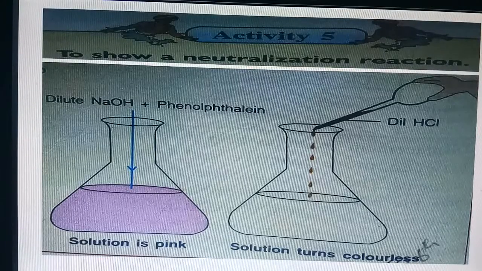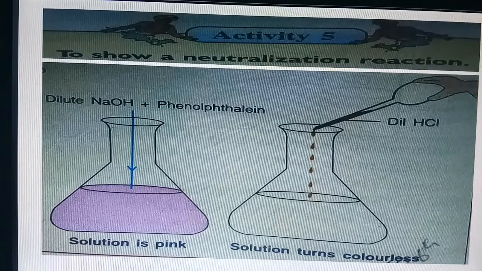Now you can see here dilute sodium hydroxide plus phenolphthalein solution is pink. Dilute sodium hydroxide is a base. So if you put phenolphthalein in sodium hydroxide, it turns pink in color.